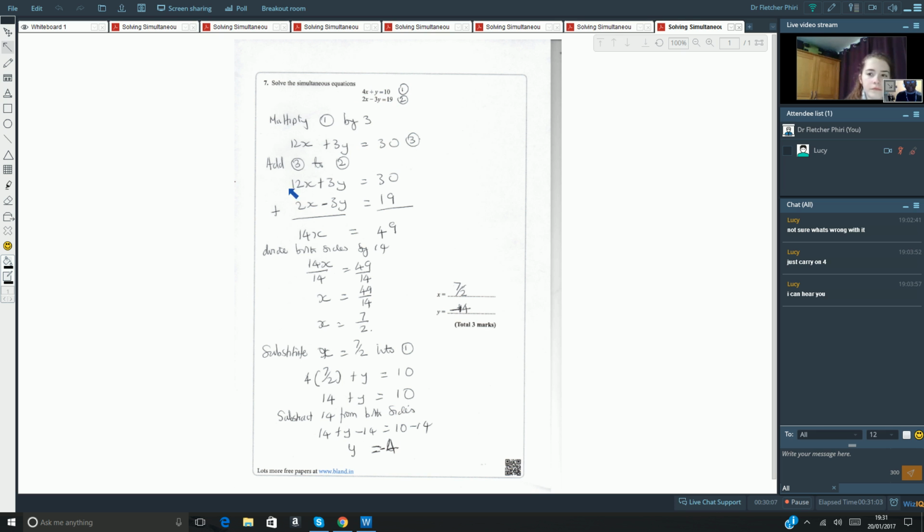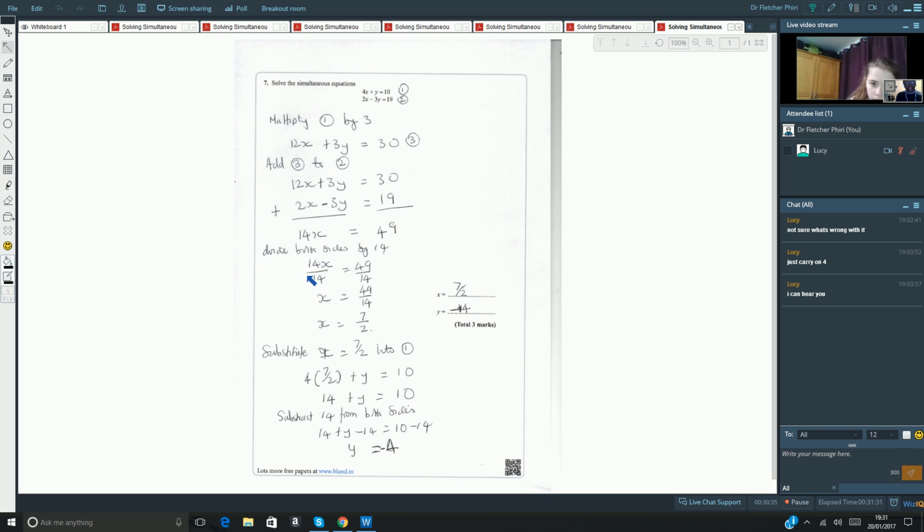The next thing I need to do is add equation 3, which I've just created, to equation 2. Equation 2 is that one there. If I add, I'm going to have 12 plus 2 gives me 14x, and 3y minus 3y gives me 0, and 30 plus 19 gives me 49.